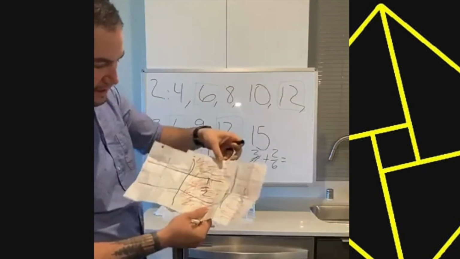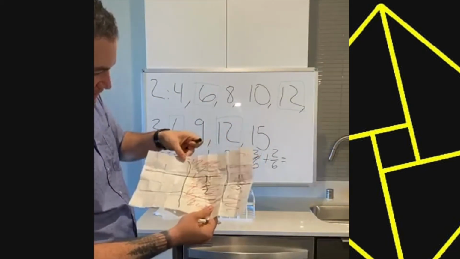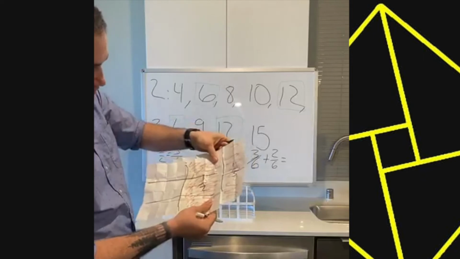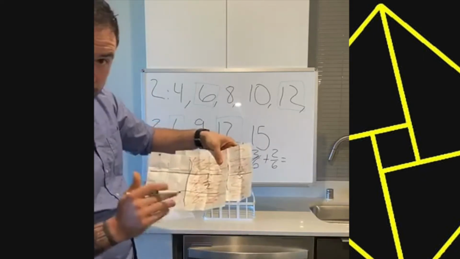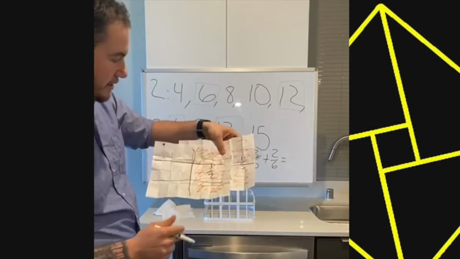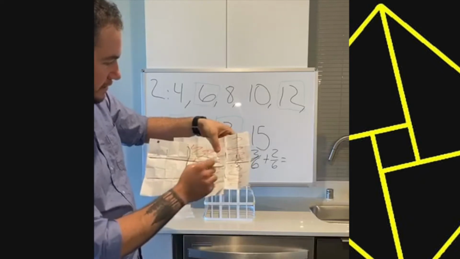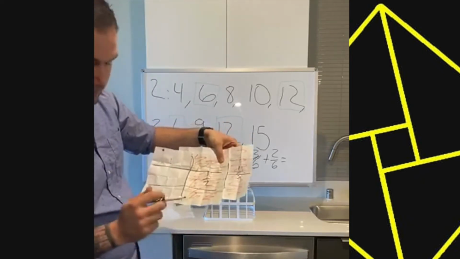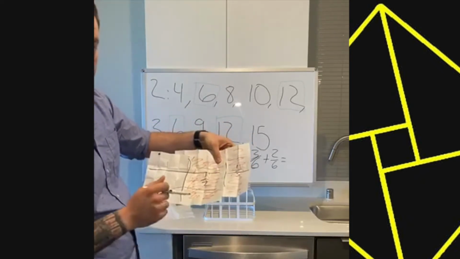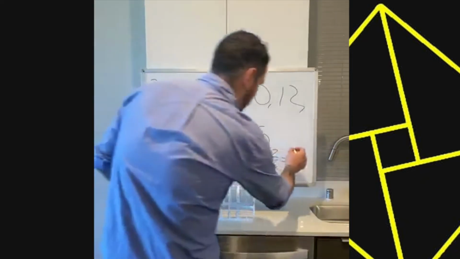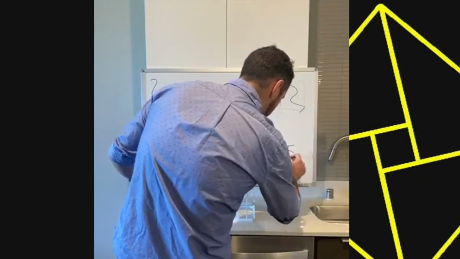You'll see that you can't add the denominator because there's a 6 left over here. You don't want to add the denominator, you're just going to add numerators. Alright? So 1, 2, 3, 4, 5. 5 out of 6 pieces. That's our solution.